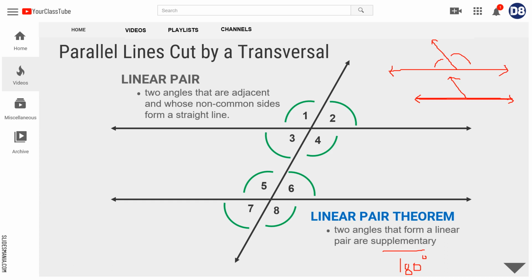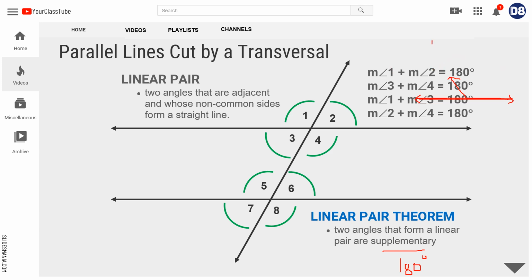In this figure, let us identify the different linear pairs. There are many. We need to erase this one so you can read. We have angle 1 and angle 2.